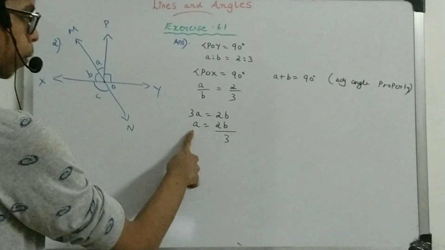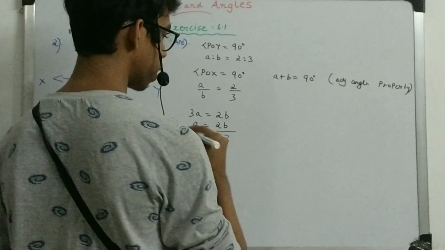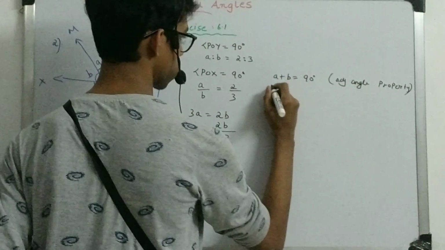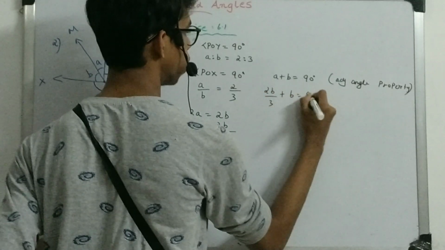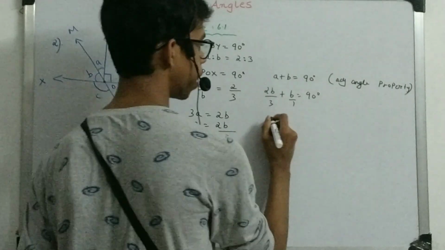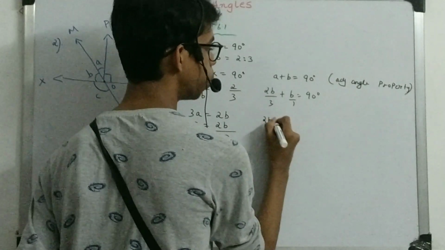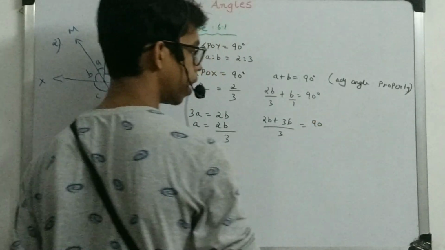Now we wrote A plus B is equal to 90 degree. Here we have found the value of A is equal to 2B by 3. Substitute it in place of A over here. So you will be getting 2B by 3 plus B is equal to 90 degree. You can just cross multiply it. So 2B plus 3B by 3 is equal to 90 degree.